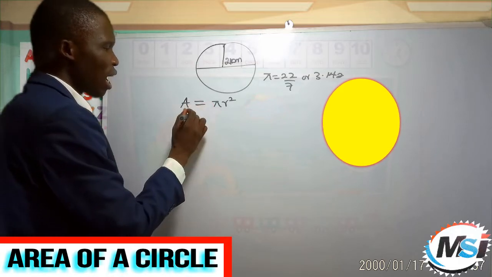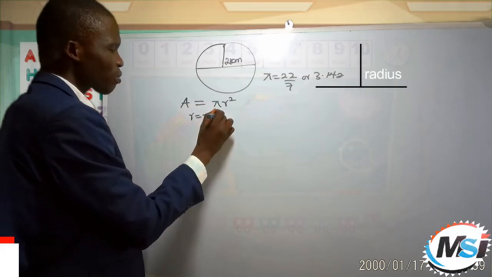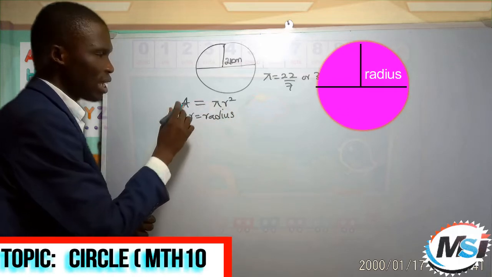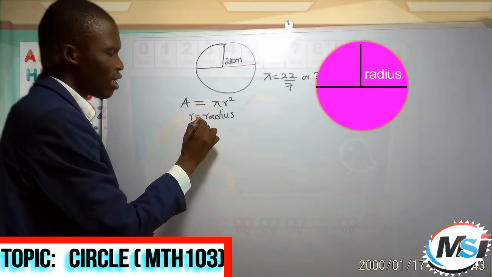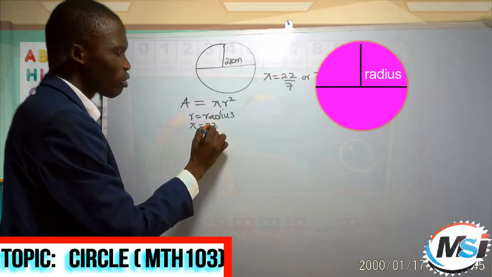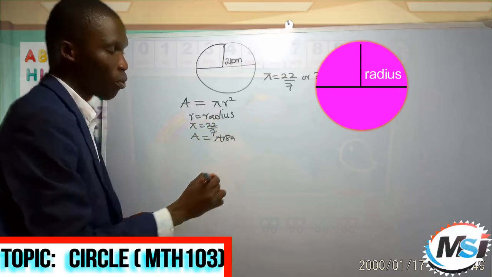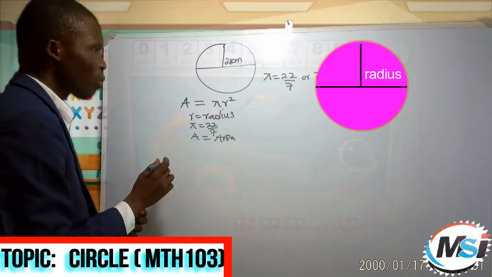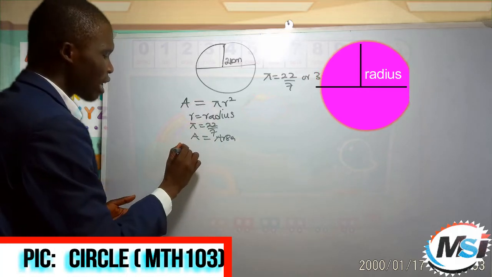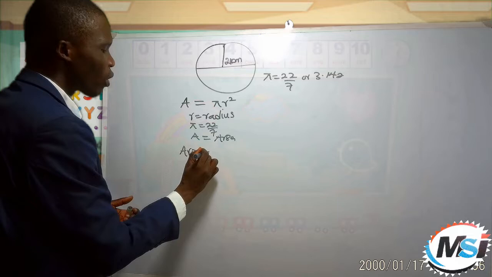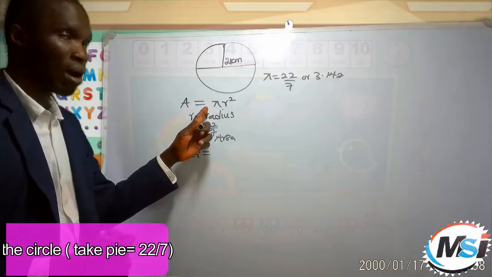From here, r is radius and pi is 22 all over 7. A is what we are looking for, which is area. So to find area, what is our pi?